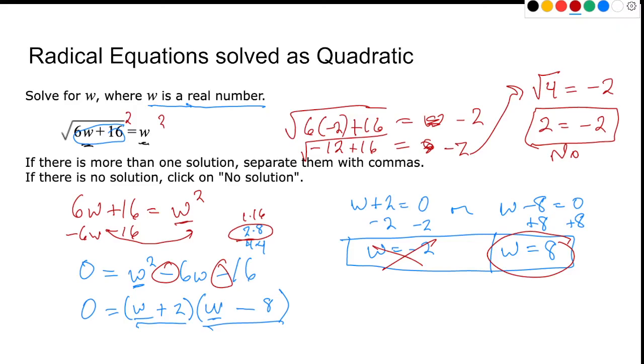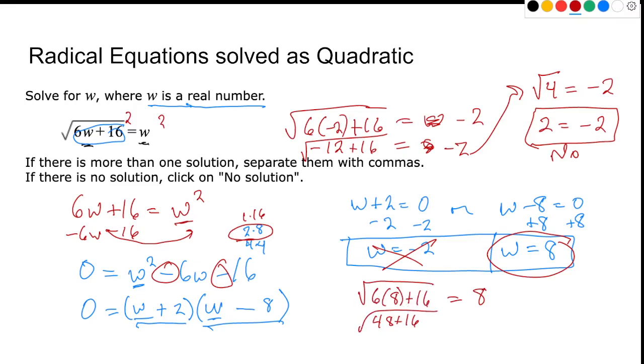Negative 2 is what they call an extraneous solution. So we only have w equals 8 as a valid solution. And again, you could check that out, and why don't we go ahead and do it since we're here. 6 times 8 plus 16, does that equal 8? Well, 6 times 8 is 48, plus 16.